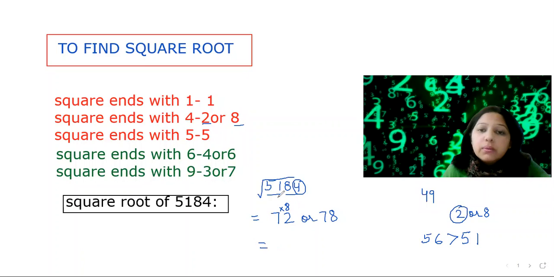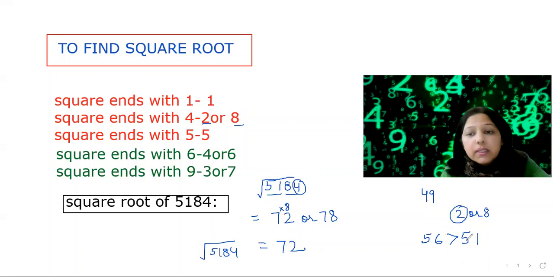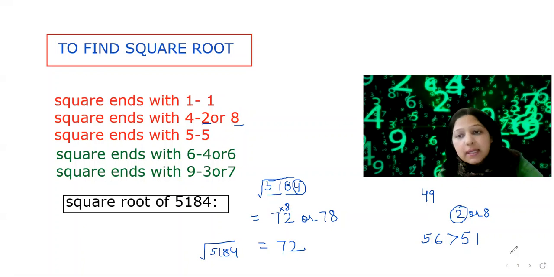So the correct square root of 5184 is 72. So, if the product is greater than the first two digits, then we will select the smaller number. And if it is less, then we will take the bigger number.